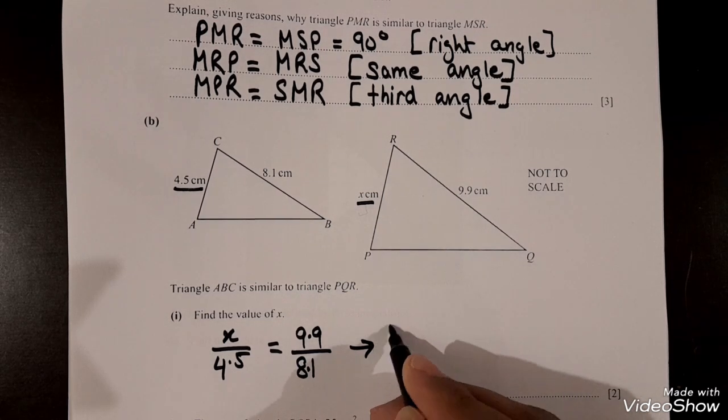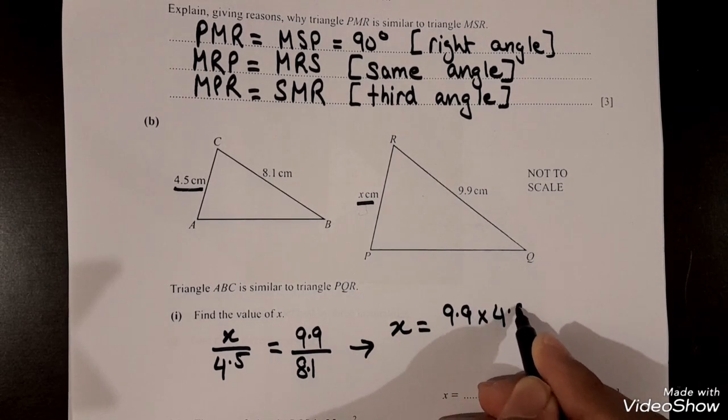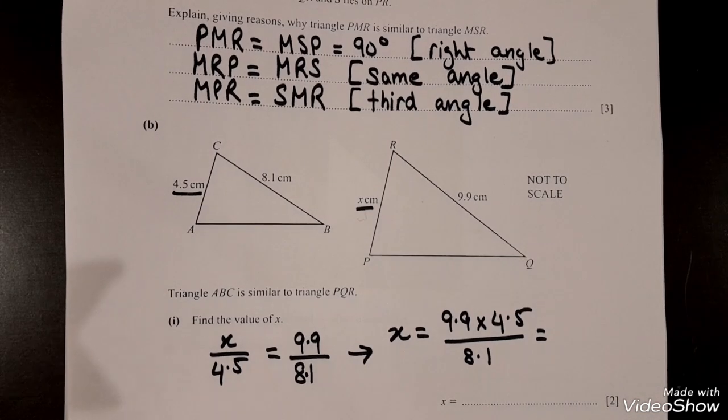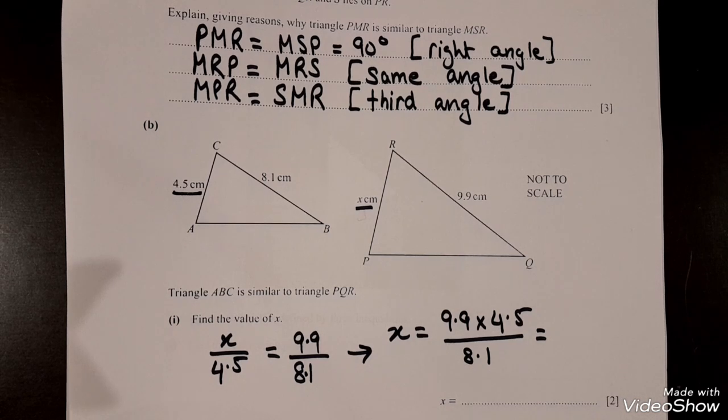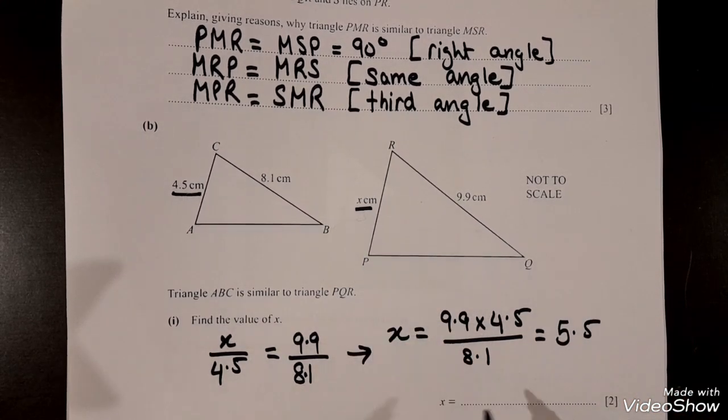So x is equal to 9.9 multiplied by 4.5 divided by 8.1. Using the calculator, this will be 5.5. So the value of x is 5.5. So this is how we will calculate the value of x of triangle PQR.